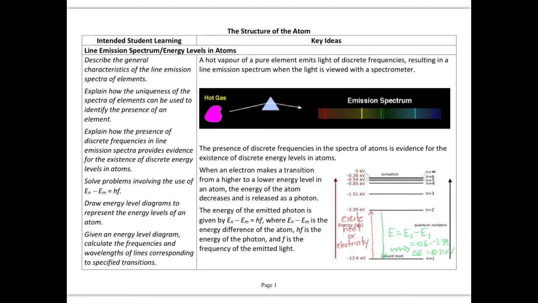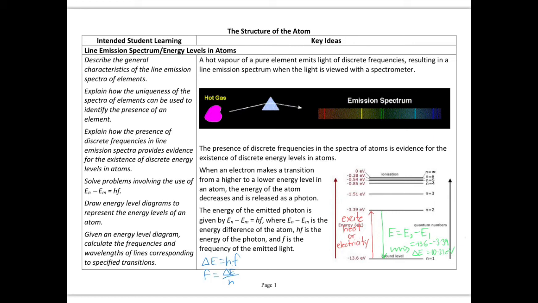If we know that energy, we can use the formula E equals hf to work out what the frequency of that photon would be, and we could also work out the wavelength. If I just show you that briefly here, delta E equals h times f, so if we know delta E, we know Planck's constant, we can rearrange that and get frequency equals delta E on h.